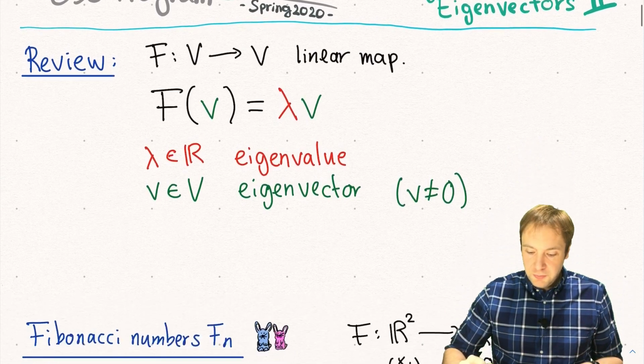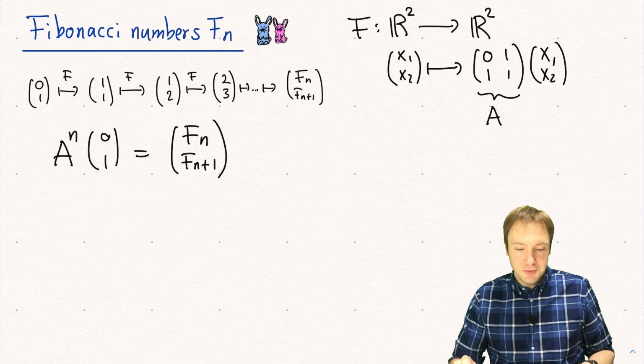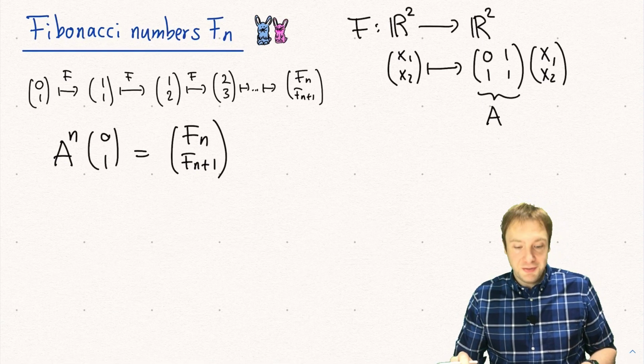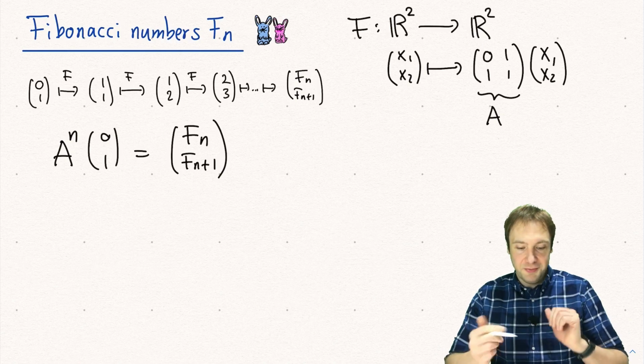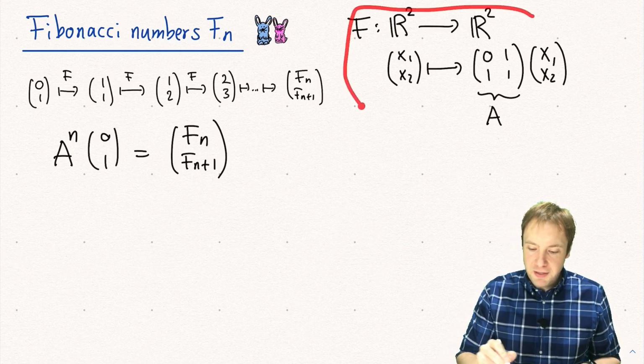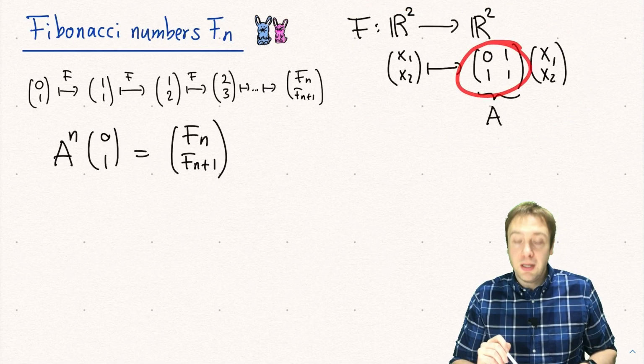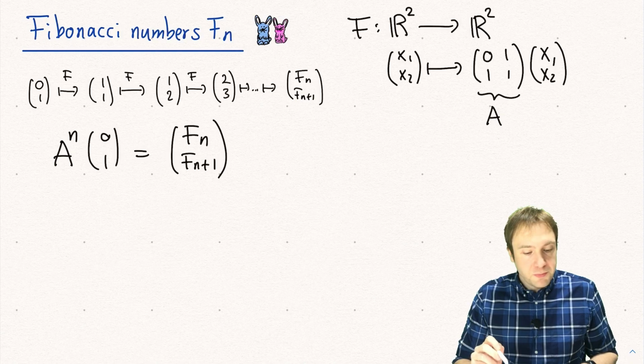And for this, first recall that we had this example of Fibonacci numbers, which was motivated by counting the population of these bunnies. So we had this linear map F from R2 to R2, which was given by multiplying with this 2 by 2 matrix here.